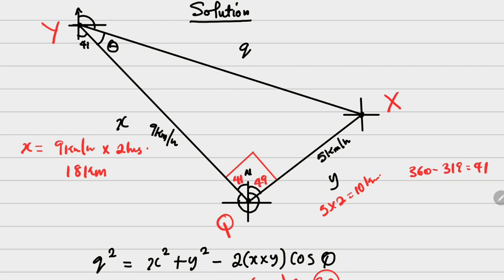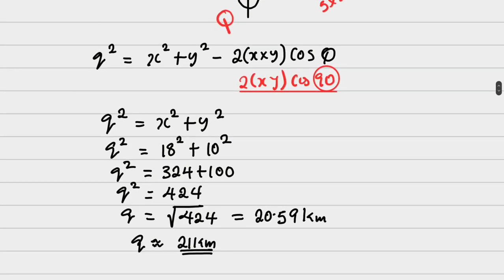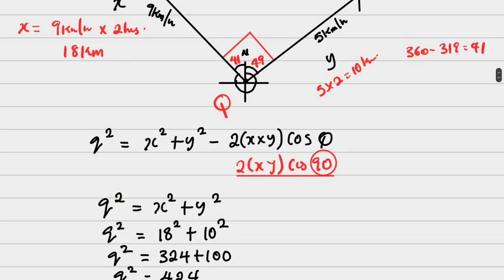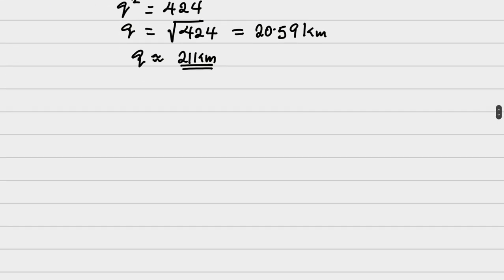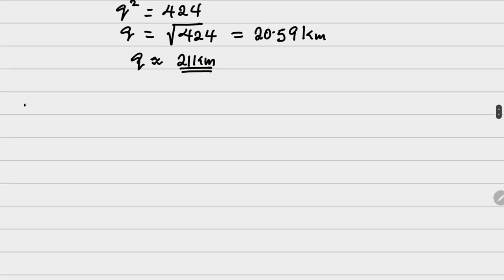Now you can see that tan theta is equal to opposite, which is 5, over adjacent, which is 9. Or we can use the distances, it's going to give you the same answer. So I can use 10 over 18. So tan theta will now be equal to 10 over 18, which will still boil down to 5 over 9, just as we said.